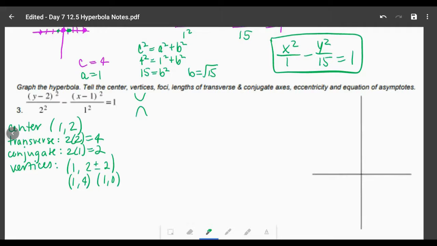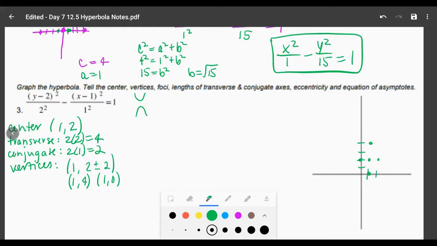We're going to start at (1, 2). I'm going to go up and down 2. So that gives me my vertices, which are at (1, 0) and (1, 4), which we had. And my conjugate axis is going to go left and right from the center, so that'll go 1 to the right and 1 to the left.